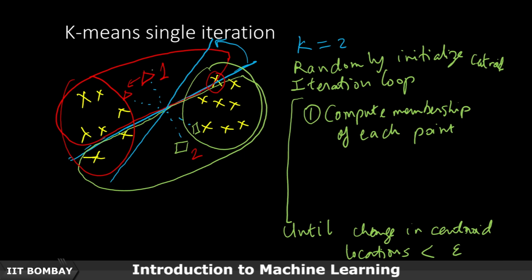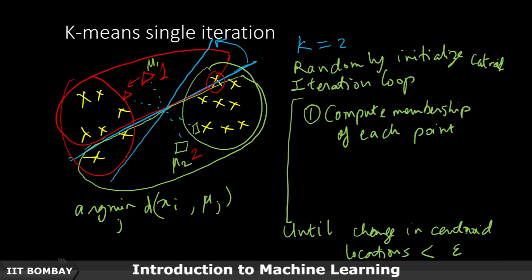Let's call this mu1, let's call this mu2. We will find the arg min over j of the distance d of xi comma mu j for each i. Whichever j minimizes that is the cluster to which the point xi belongs.